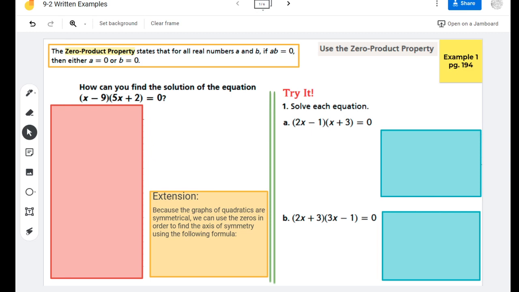Now, the idea of the zero product property is that if you have two numbers, A and B, that are being multiplied together, if their product is equal to 0, then either A equals 0, B equals 0, or they both equal 0. Right? This concept is very pivotal throughout algebra.